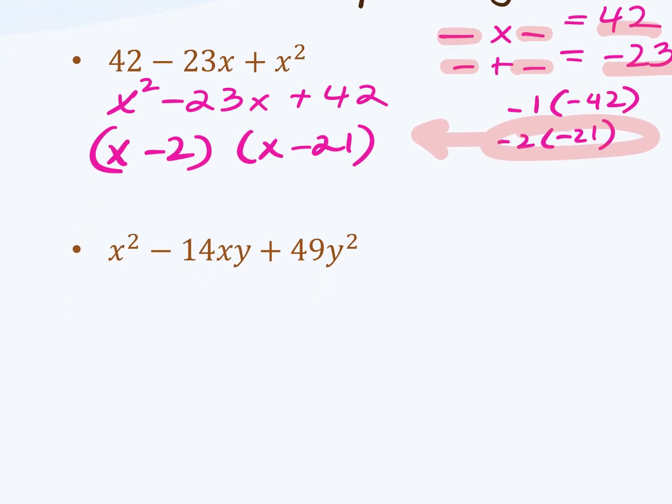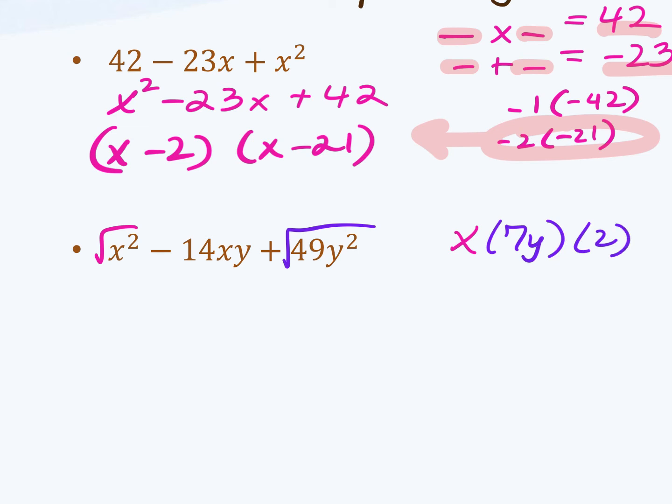Okay, so as soon as you can recognize that this first term is a perfect square and the last term is a perfect square, check to see if it satisfies it. So what you do is you square root the first term, square root the next term, and then double it.